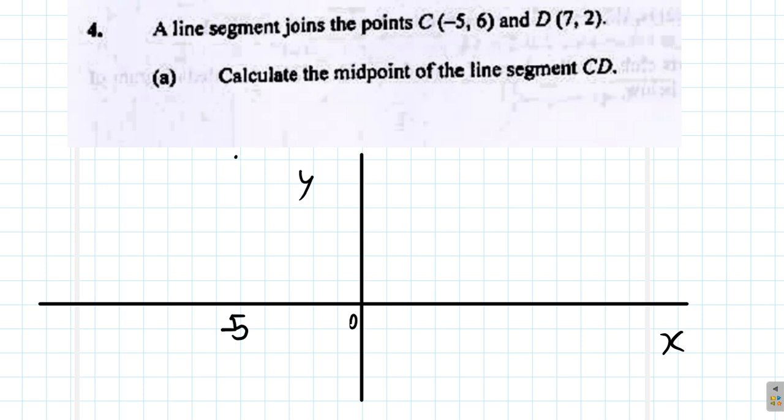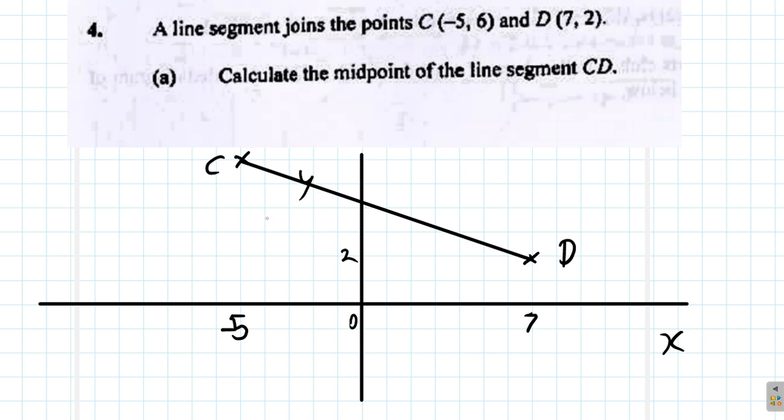So (-5, 6), that is the point C. And then (7, 2). We go 1, 2, 3, 4, 5, 6, 7. Okay, so 7 is here, and 2 is here. So we have our line, and this of course is D.